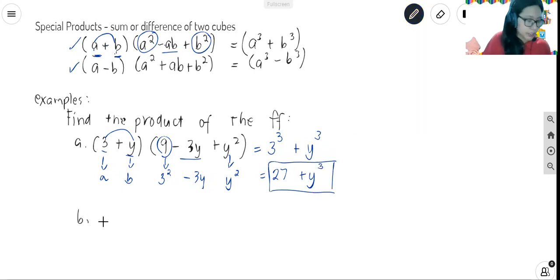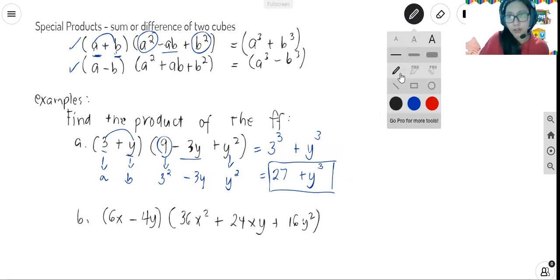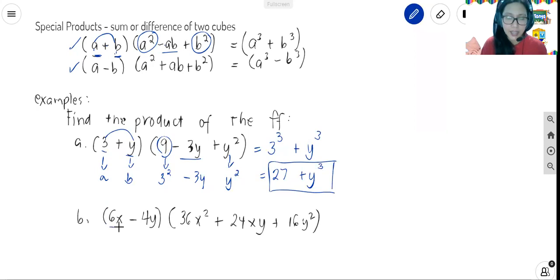Let's have another one. Let's have 6x minus 4y times 36x squared plus 24xy plus 16y squared. Again, before you jump in and say, oh, this is a sum or difference of two cubes, please inspect first. So the first term of the binomial is 6x.